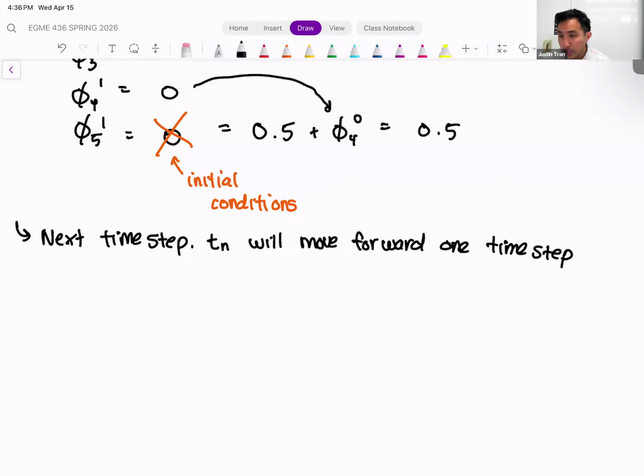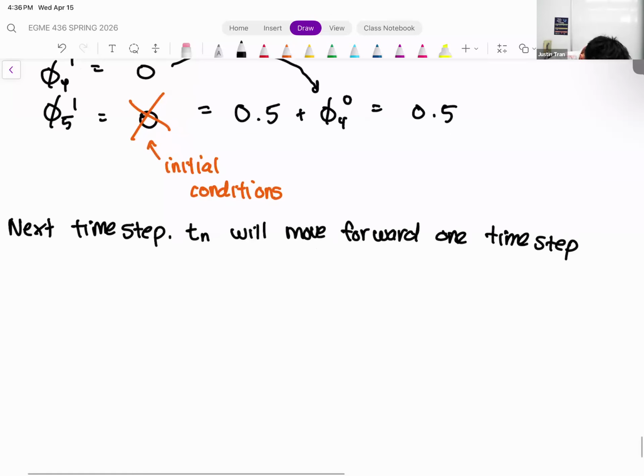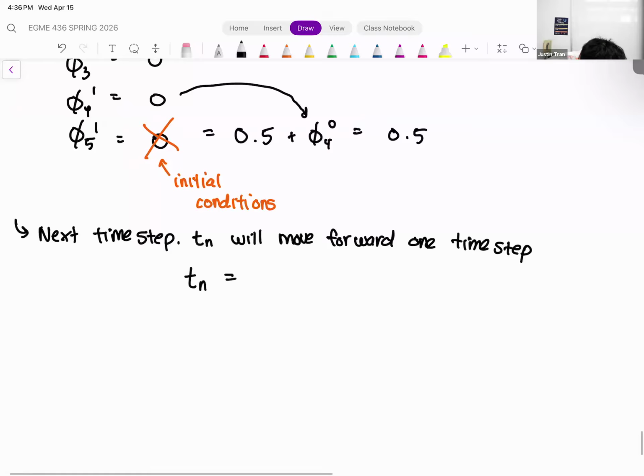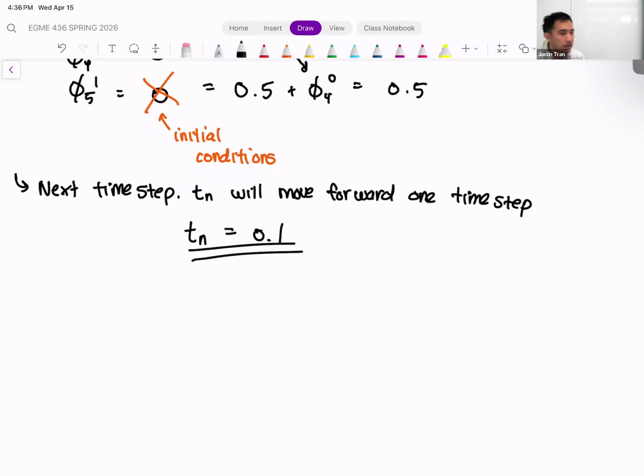So Tn is now going to be 0.1. Basically everywhere in our problem where we have time, we're going to plug in 0.1, which is only in the boundary condition at this point.